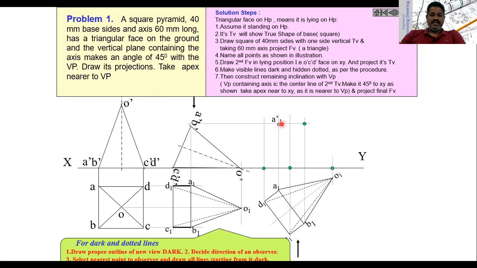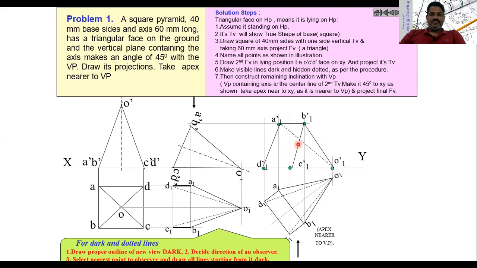I am naming these points A1 dash, D1 dash, C1 dash and B1 dash. Then we have A1 dash, B1 dash, C1 dash, D1 dash, and finally O1 dash also. So join A1 dash, B1 dash, C1 dash, D1 dash to get the front view of the square pyramid when it is making an angle of 45 degrees with VP.